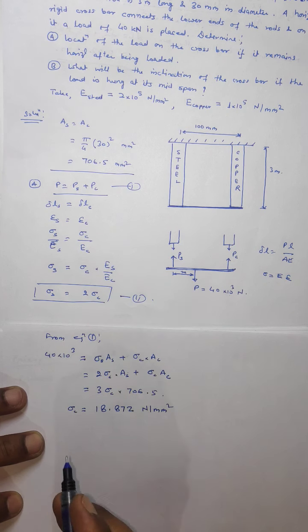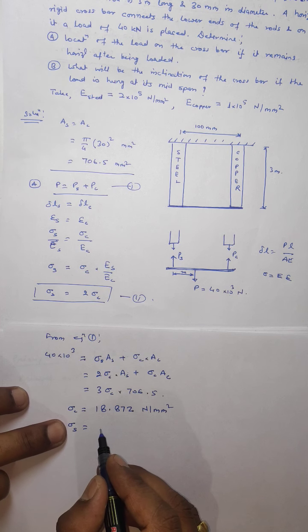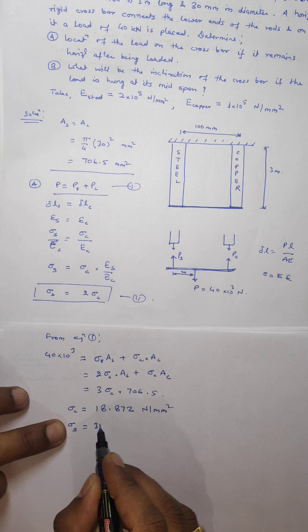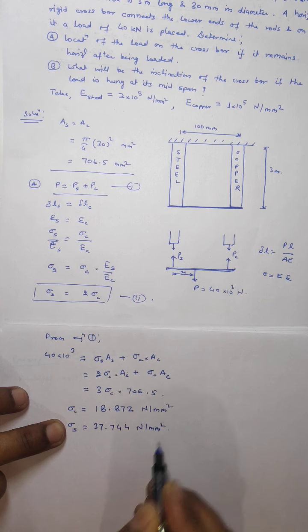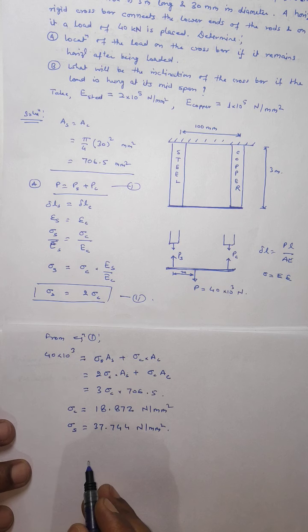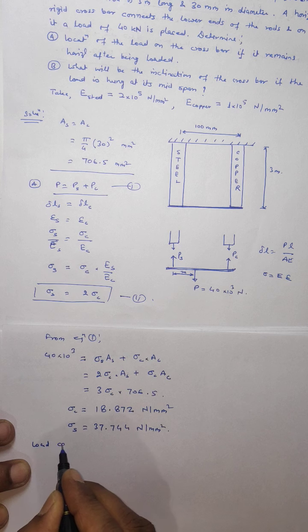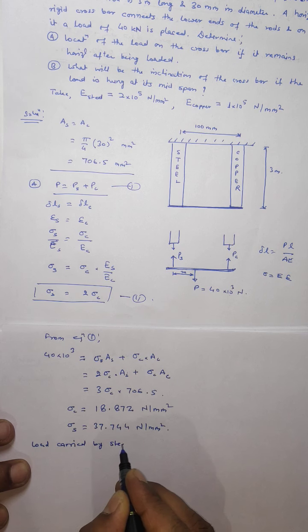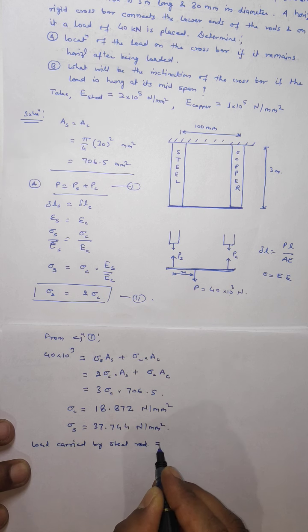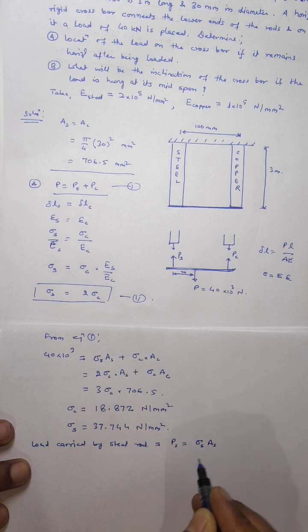By putting this value in equation 2, we will have the value of sigma S, that is stress in steel, and that will be equal to 37.744 Newton per mm square. So by this we can calculate the load carried, or shared, by the steel rod. That will be equal to PS is sigma S AS.